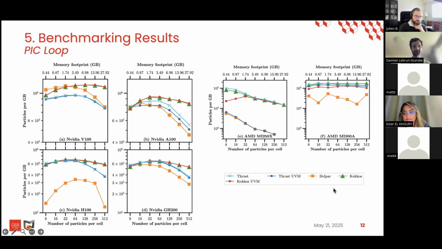And I have a question on this slide. On AMD, we see that on MI250X, thrust and std_par are very close to each other, which would point to the implementation of std_par being based on thrust. That's not so much the case on MI300A. Do you know if you've observed different implementations, or do you have any idea where that comes from?